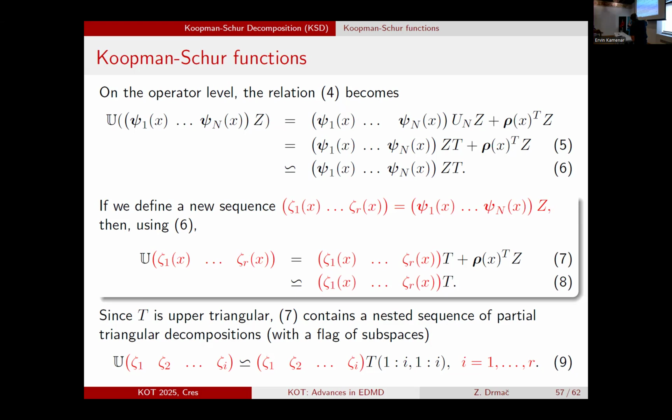And this relationship, if you truncate it at any i, you get the same. So you get xi 1 to xi i, with i going from 1 to r. They span a flag of subspaces, like nested subspaces. And at each level i, you get an invariant subspace that corresponds to the eigenvalues 1 to i.